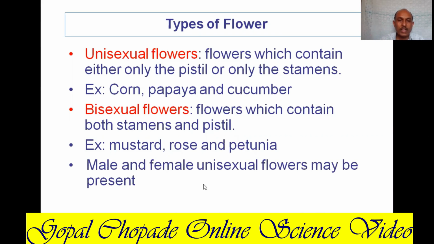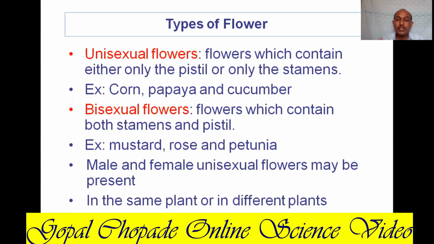Male and female unisexual flowers may be present on the same plant or on different plants. For example, in maize, corn, both are present on the same plant, but in papaya, male is different, female is different. So this is about the types of flower, unisexual and bisexual. See here, this is a female flower, cucumber, pumpkin, and here it is a male flower.